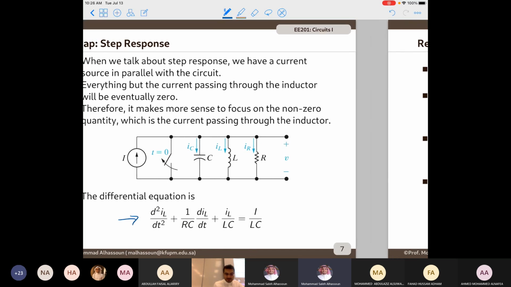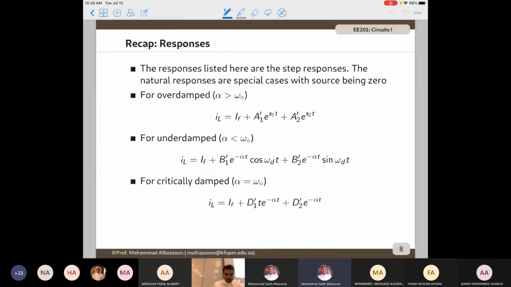If this point is confusing you, it doesn't matter. We always have this form of solution. If we have an overdamped response, then the quantity that we are interested in equals the final value of that quantity added to these two terms. If we have an underdamped response, we are always interested in the final value plus the remaining two terms.